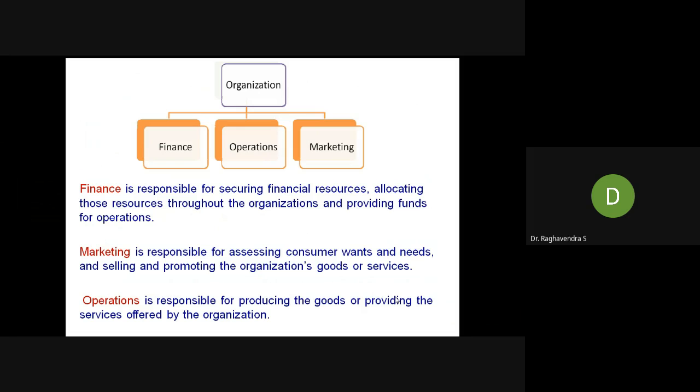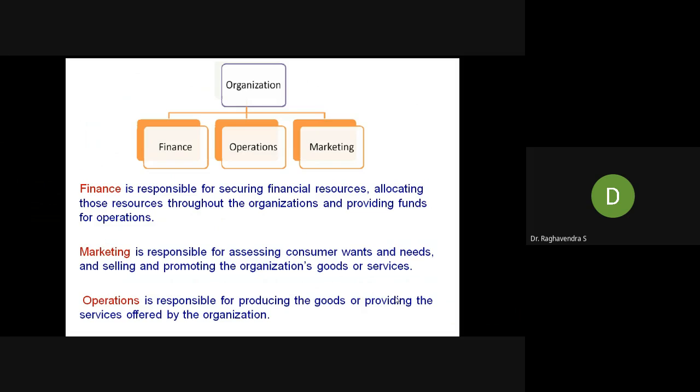Finance is responsible for the investment you require to start, the funds, the resources to purchase raw material, or to maintain the plant or the organization. All this is taken care of by the finance department. Marketing is responsible for assessing the customers' wants.